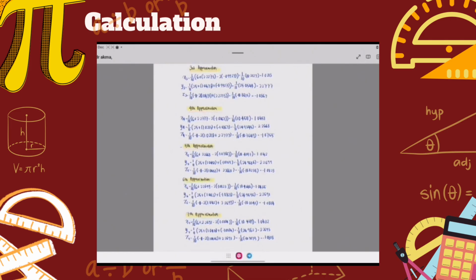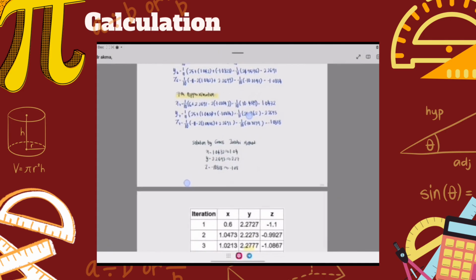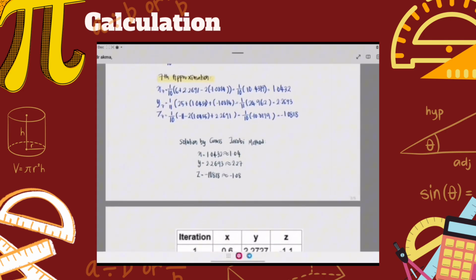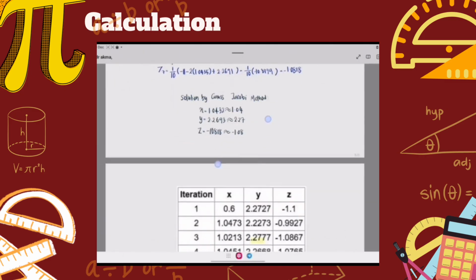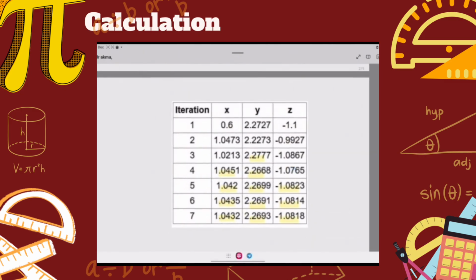After several iterations, we will get x approximately 1.04, y approximately 2.27, and z approximately negative 1.08. The table is given like this, and here we can see the values have already converged.